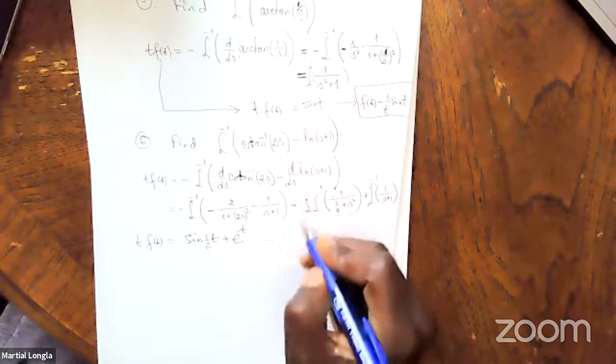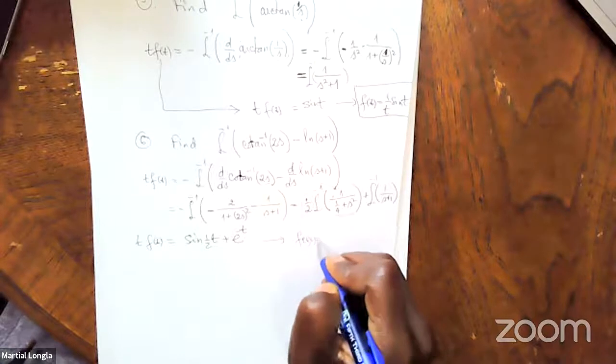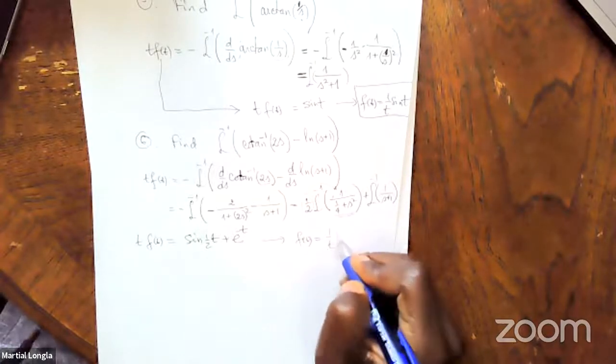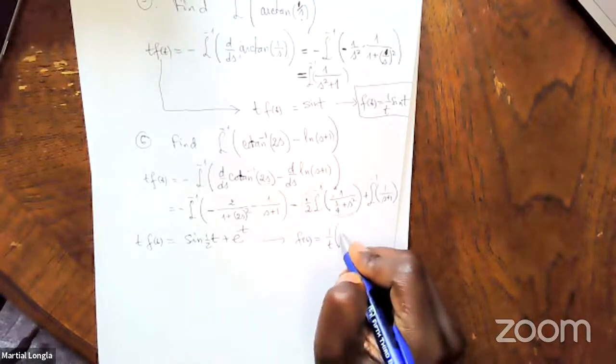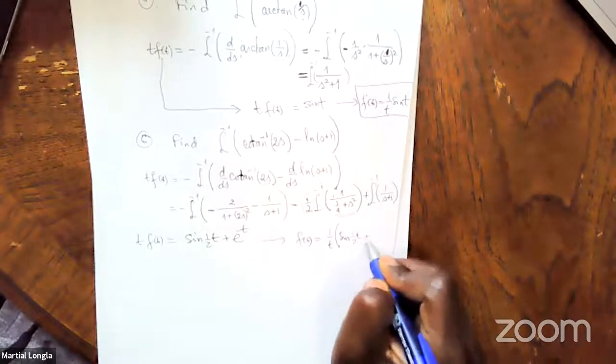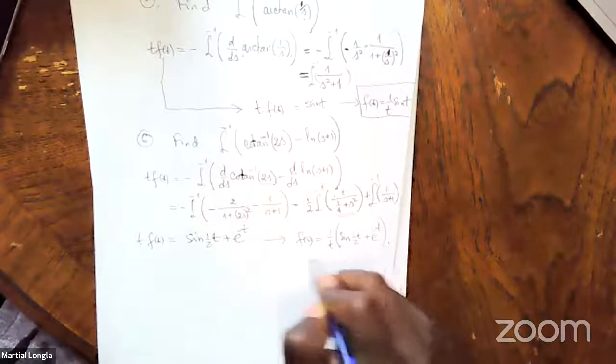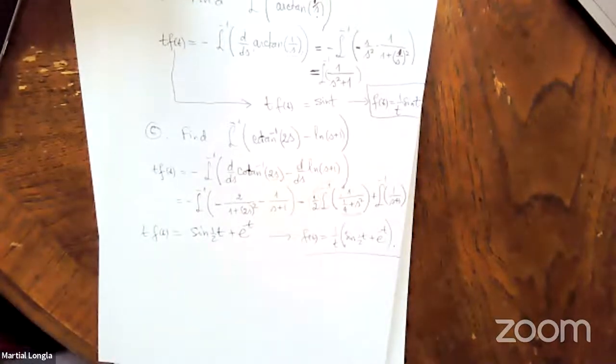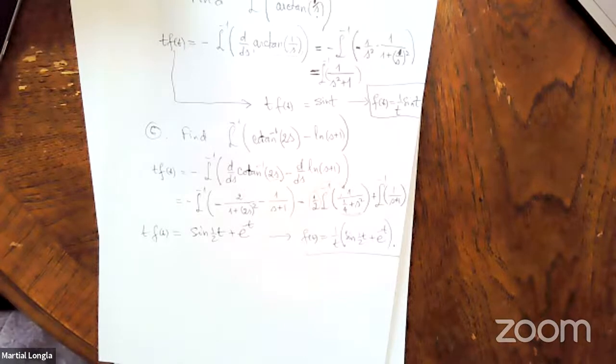If not, then we are going to get f of t equals 1 over t. All right, questions? Is that e to the t or e to the negative t in that final answer?